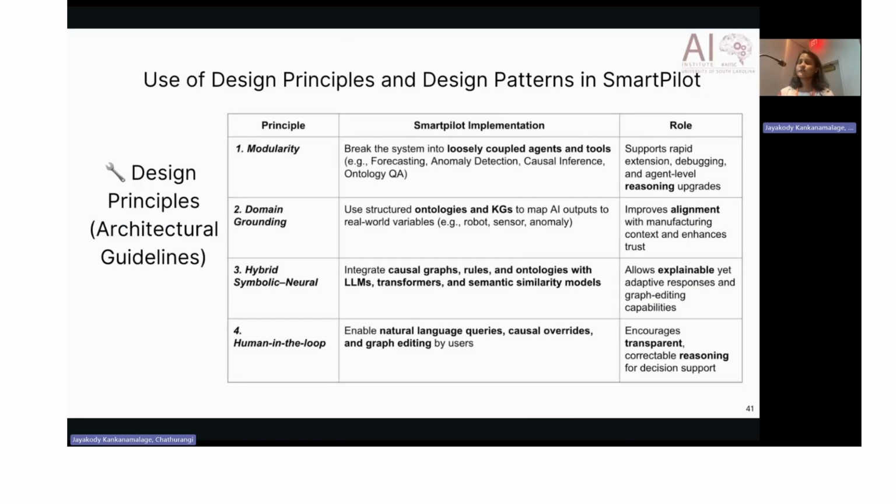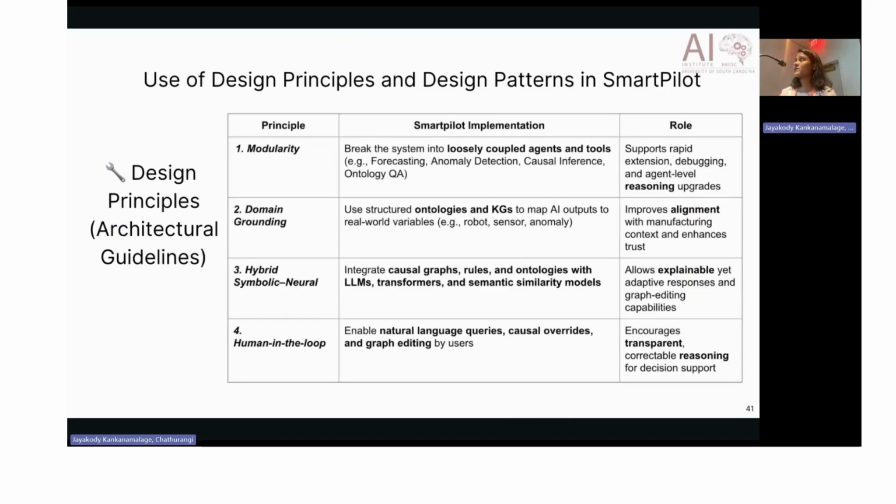So first, talking about the design principles. These design principles are the architectural guidelines that we have used. So I explained four principles. The first principle, modularity. The SmartPilot implementation is such that the system can break the complex task into loosely coupled agents and tools.